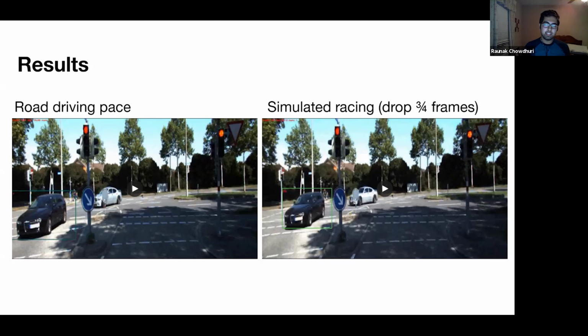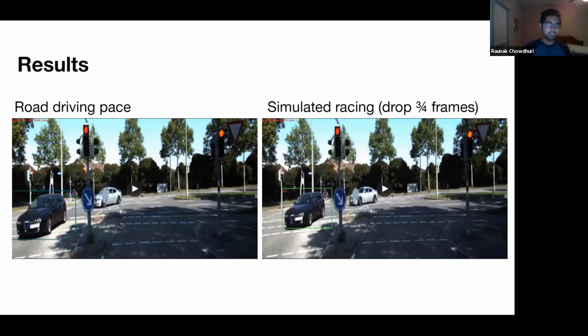We basically wanted to simulate racing conditions, because in a racing situation, when you're going 180 miles per hour, a lot more changes in 1 second than when you're going at the standard pace. So dropping frames simulates what high-speed driving is going to look like better. And that's the goal with this evaluation method.